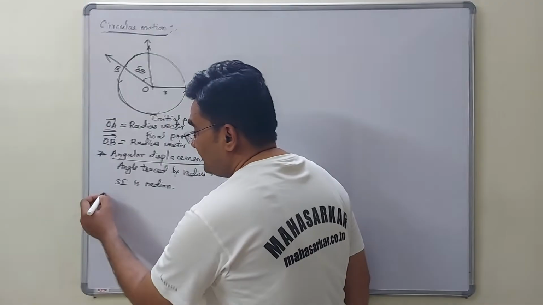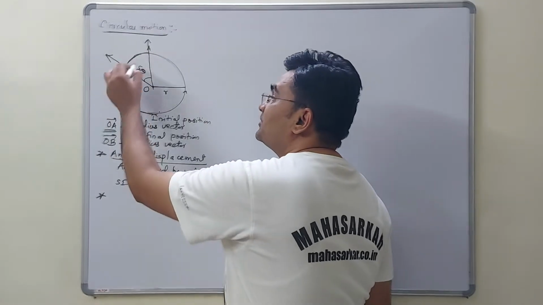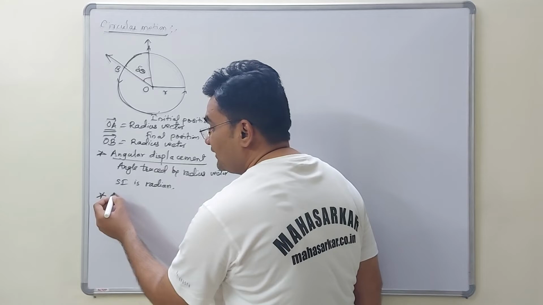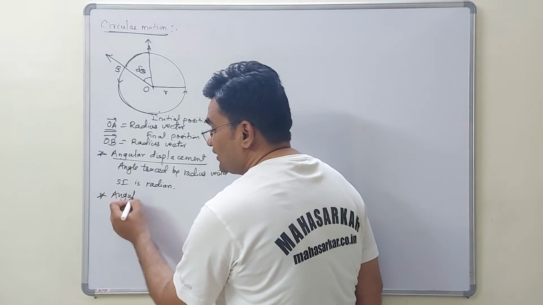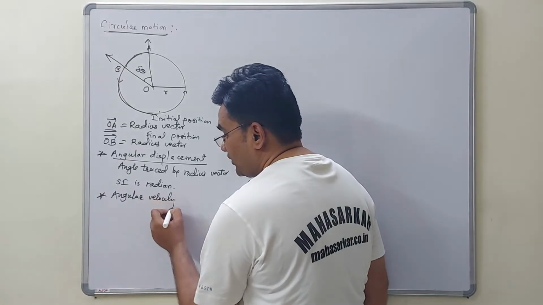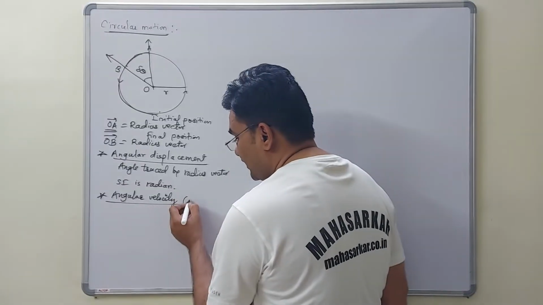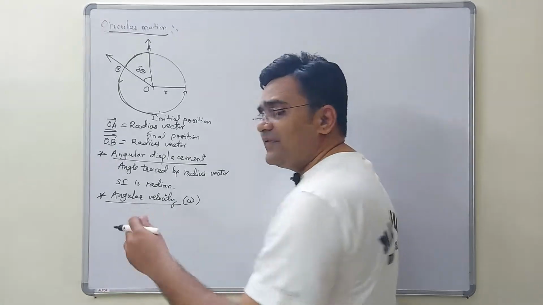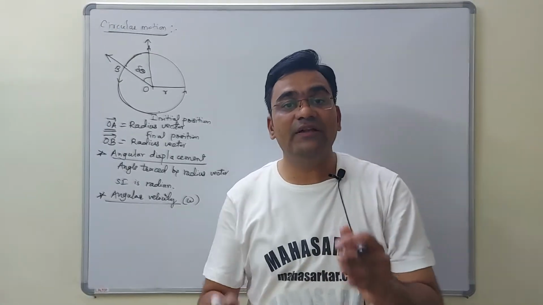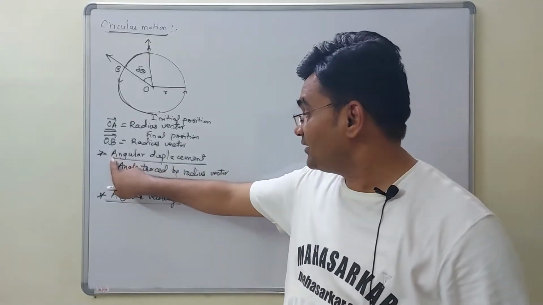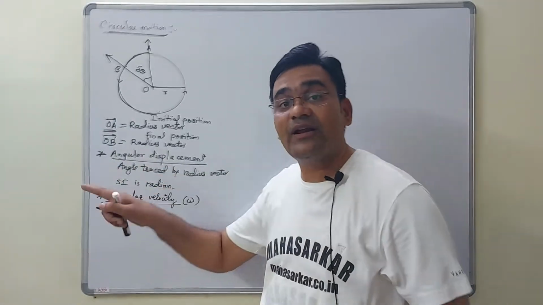Then say to cover this much angle, the particle needed time delta t. Then the term which arises here is called angular velocity, and this we indicate by the letter omega. So what is angular velocity? The basic definition of velocity we know, that is rate of change of displacement. But here which type of displacement was there? Yes, here it was angular displacement.